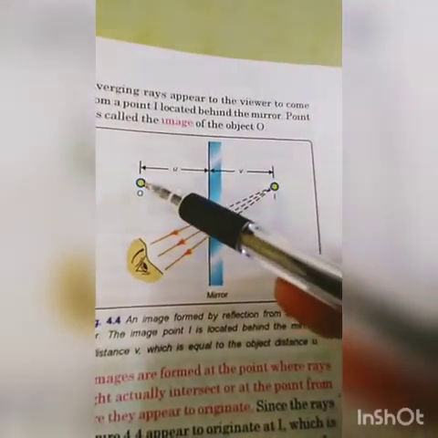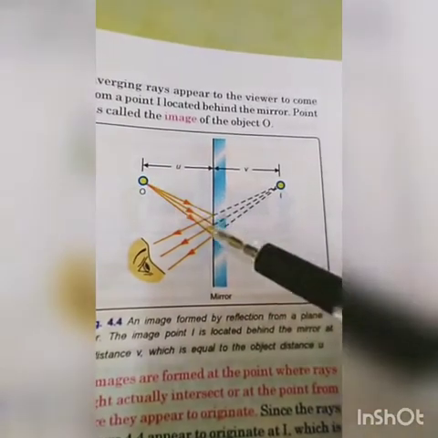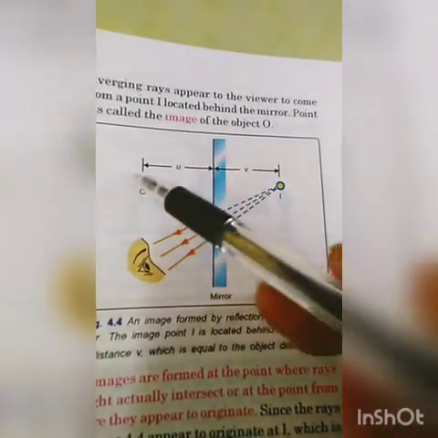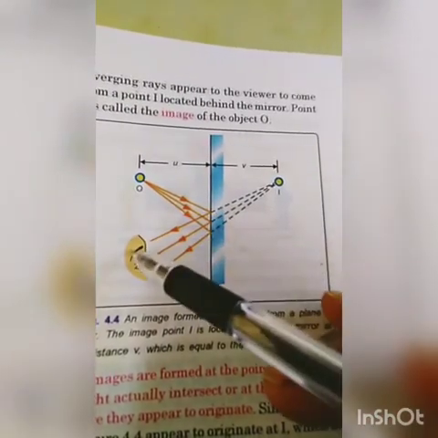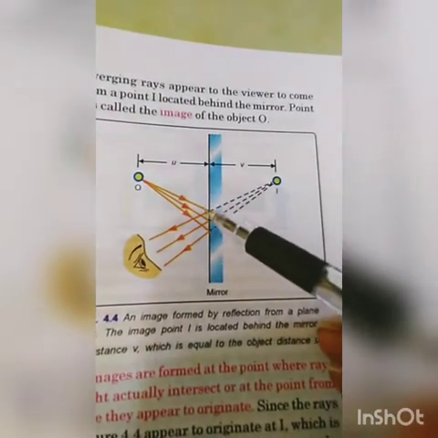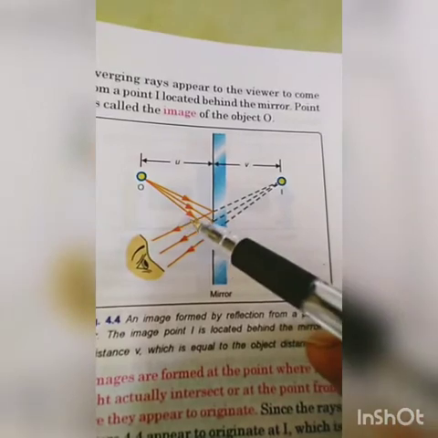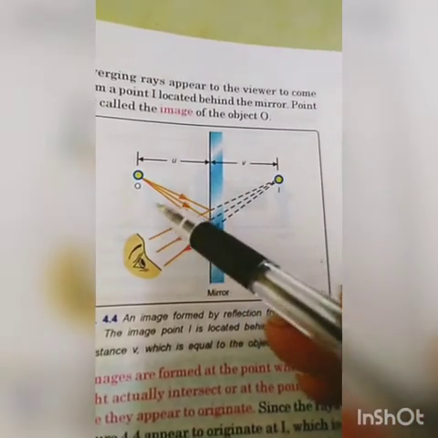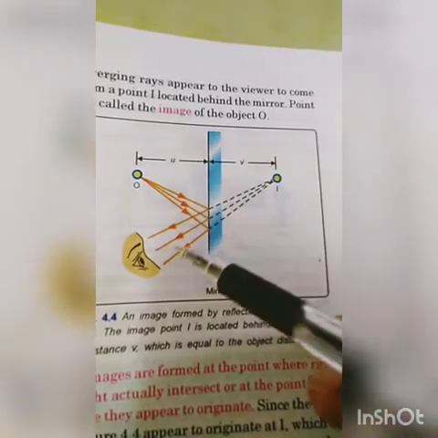Suppose this is a point object. Rays are going from here, light rays, and they are reflecting back using the same law, angle of incidence equal to angle of reflection. If you draw a normal here, the angle will be equal for all the rays.